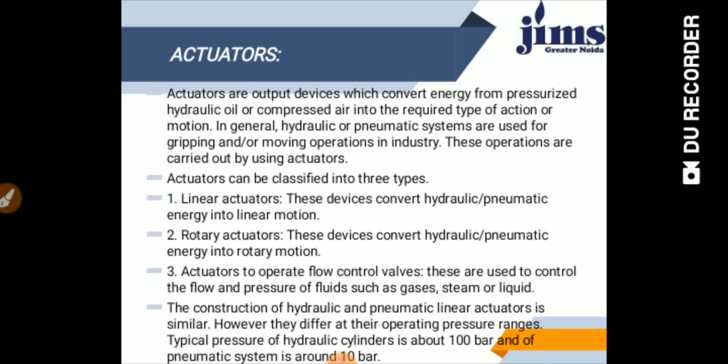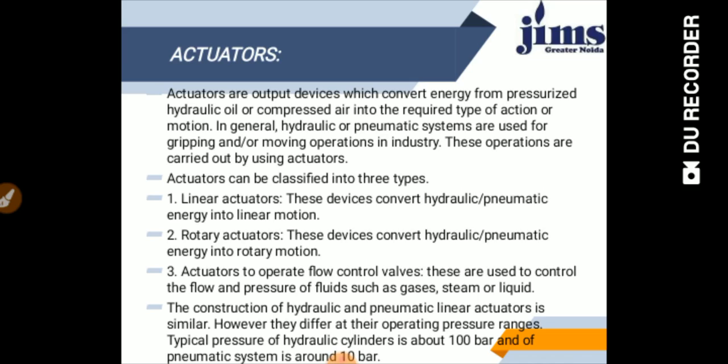The typical pressure of a hydraulic cylinder is about 100 bar, and of a pneumatic system is around 10 bar. So you see the pressure difference; the ratio between these two is 1/10.